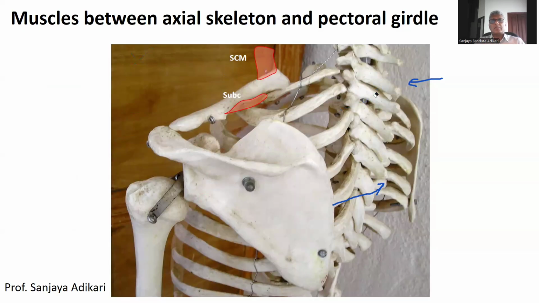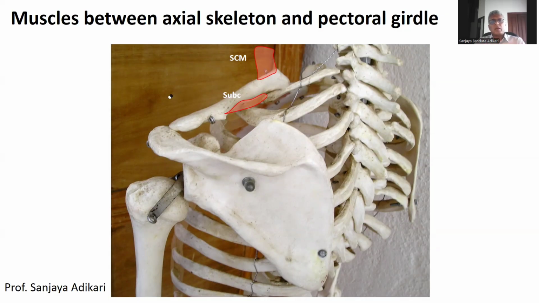If you look at the muscles attached between the axial skeleton, which we just mentioned, and the pectoral girdle, when we say pectoral girdle, it's the clavicle and the scapula.